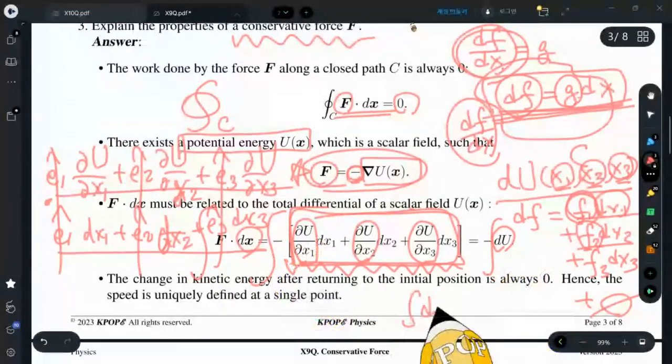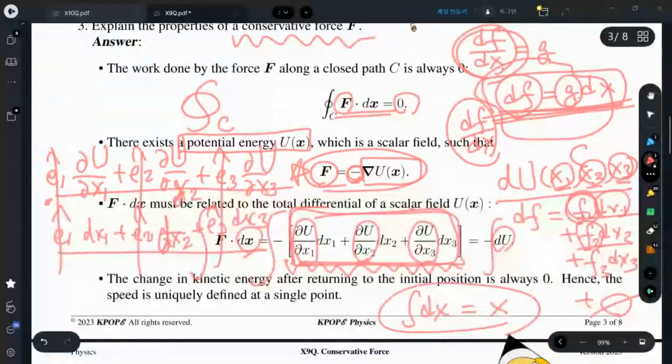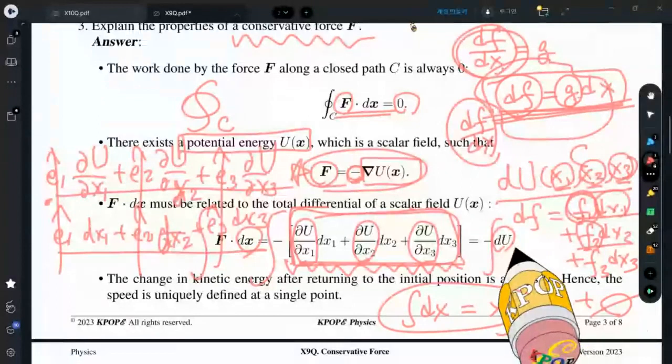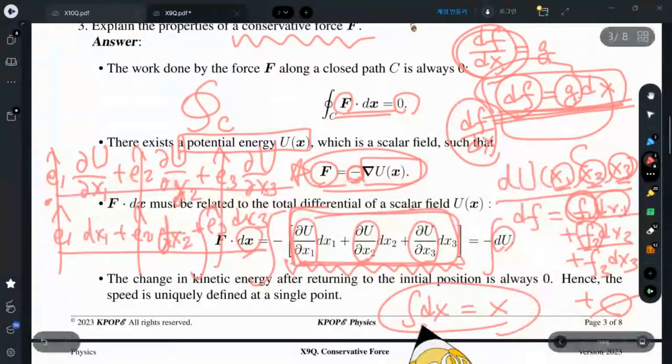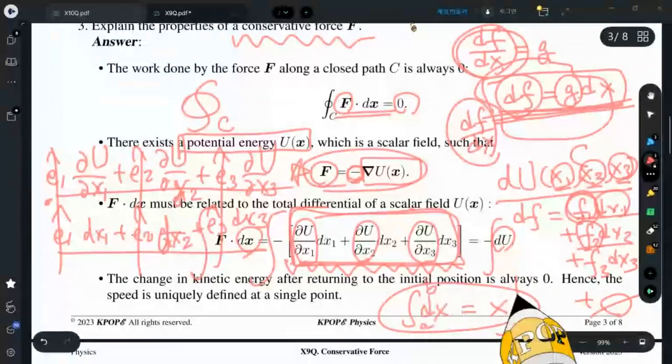Why? The integral of dx, do you know this? This is x. There is nothing to compute. And if it is an integral from a to b, the answer is b minus a.